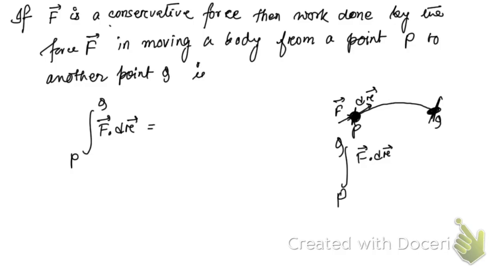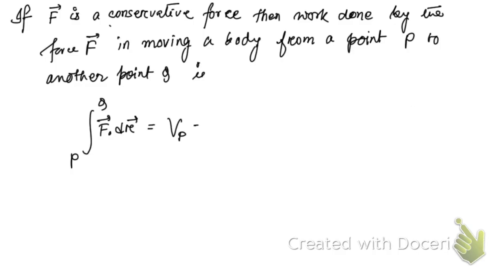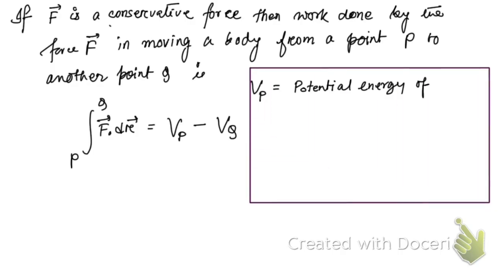So here we can write Vp minus Vq, where Vp is the potential energy of the body at P.